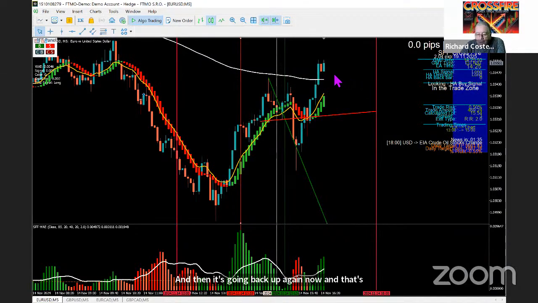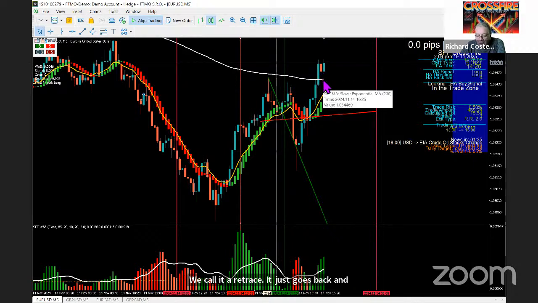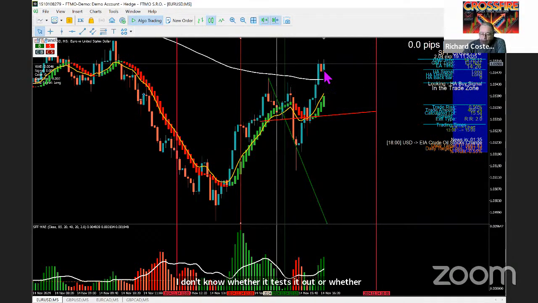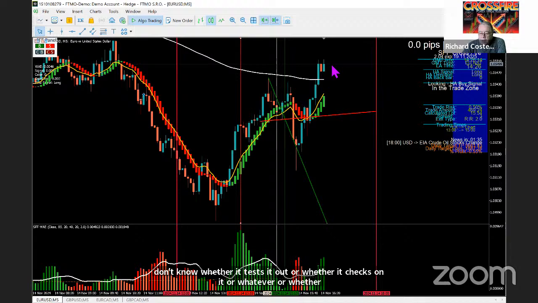If I was trading manually, I'd be looking for that retrace where it's gone above the trend, the 200 moving average, and then it's gone back. We call it a retrace. It just goes back, and I don't know whether it tests it out or whether it checks on it or whatever. But then we're now back up to an upward movement.